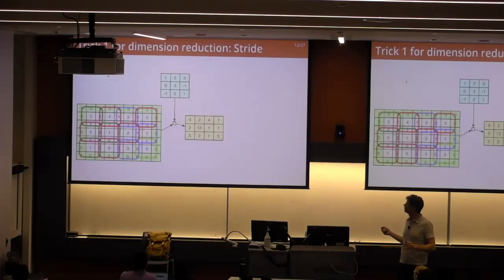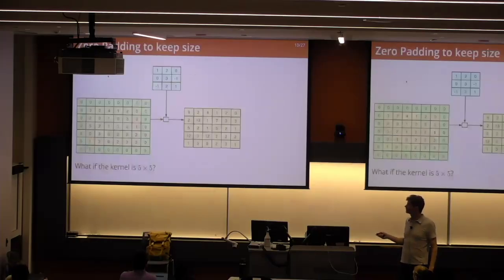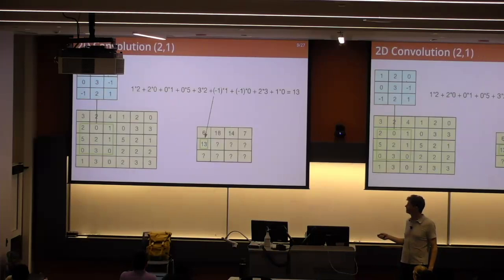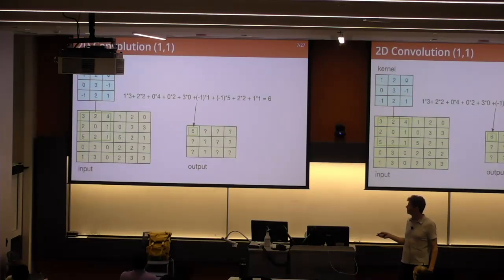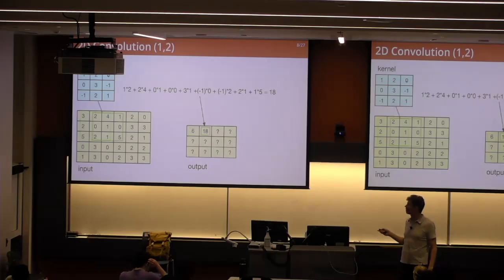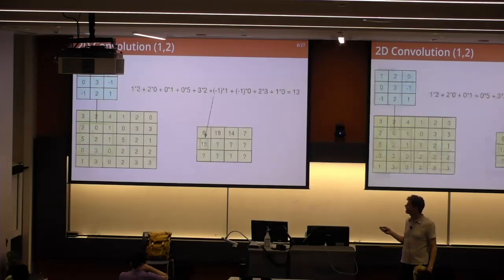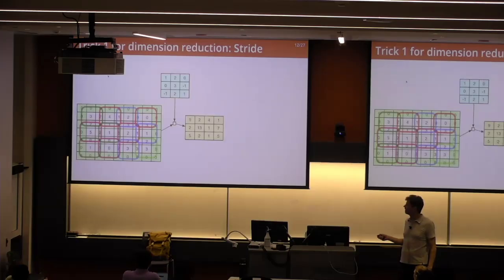And one is stride. So when we're doing this convolution, I was just showing you with a stride size of 1, which is, well, every time I do this, I move the box by 1. I can also say, well, let's do stride of 2, both in terms of rows and columns.